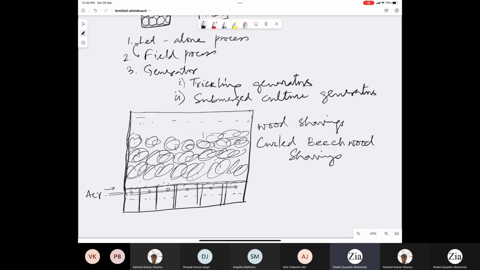And on the top, you have a distributor, which will sprinkle the feed. So you have a feed solution having at least 4 to 4% ethanol.